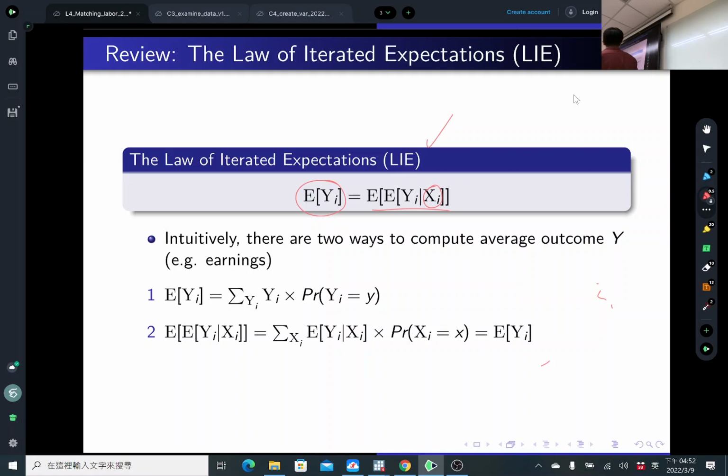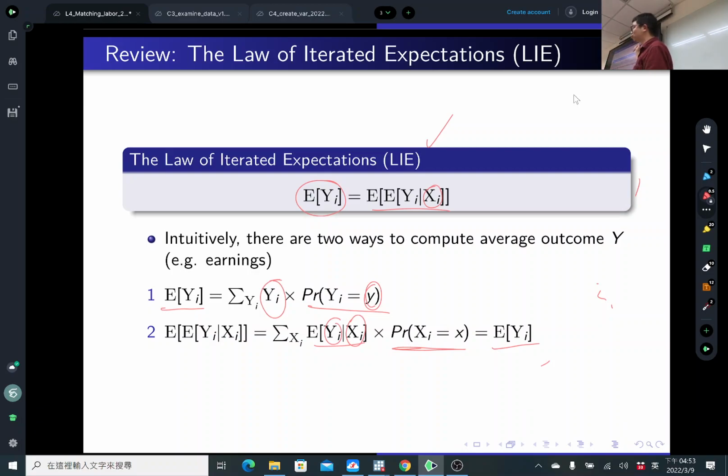Intuitively, we have two ways to compute the average outcome. The first way is this expectation of y. What does this mean? It is the y variable times the probability that the specific value will show up, and you will get the average. Another way is you first calculate the average y over some subgroup. For example, you calculate the average earning for female times the probability of female, and the same for male, and you can also get the average earning for the whole Taiwanese population.